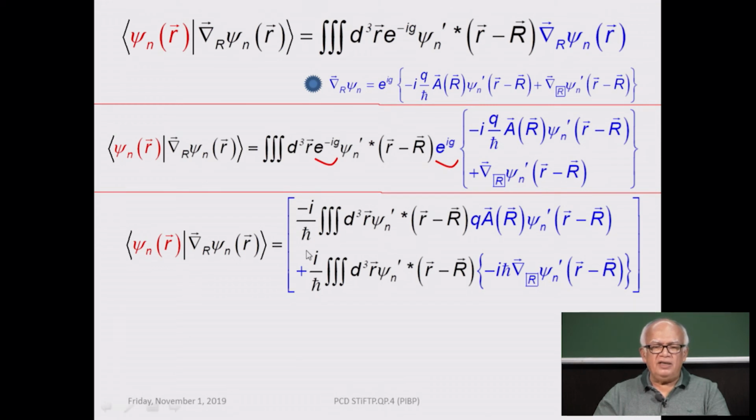The first integral has got this minus i over h cross here. Okay. And then you have got a constant vector potential. And then you have got this integration over whole space of psi n prime star, psi n prime, that is like the normalization integral, it will turn out to be unity. Okay.